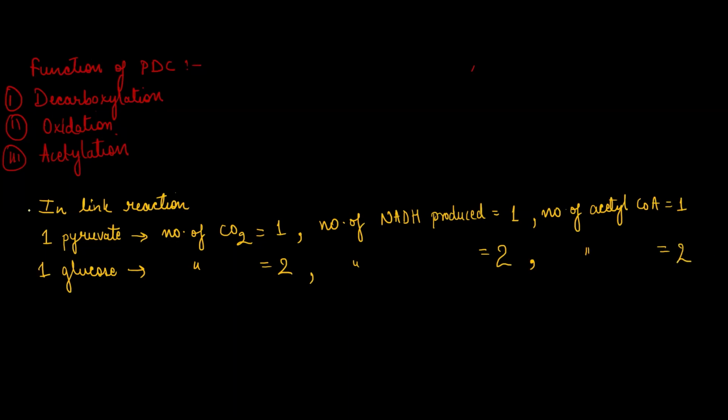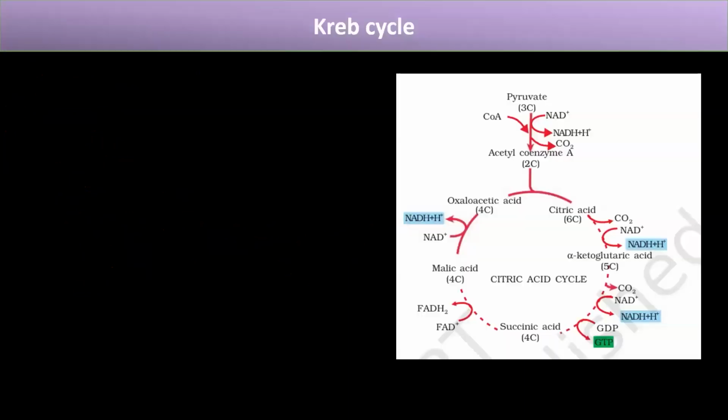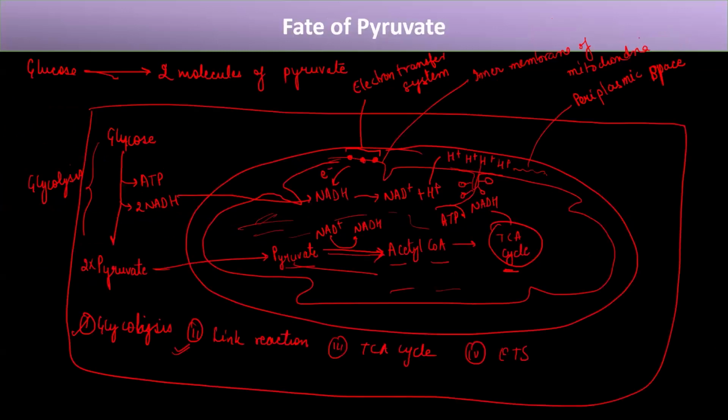And this is specifically in terms of link reaction. It does not include glycolysis. If it asks about glycolysis, we will add the things that we studied in the last class. Okay. Now, we have completed glycolysis and the link reaction.